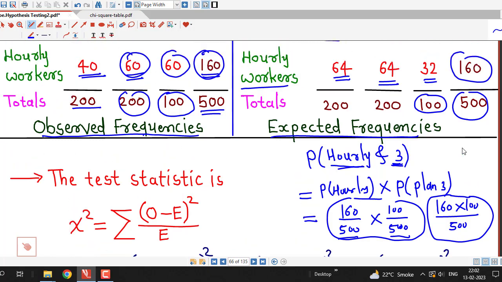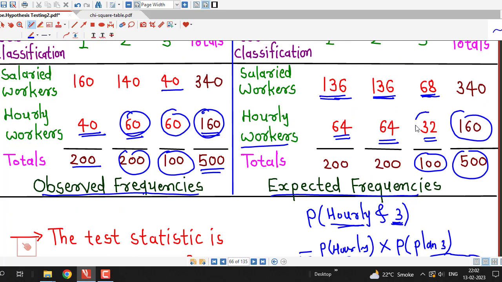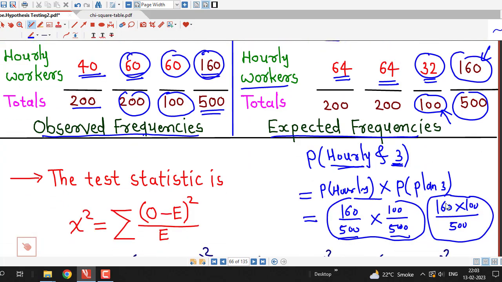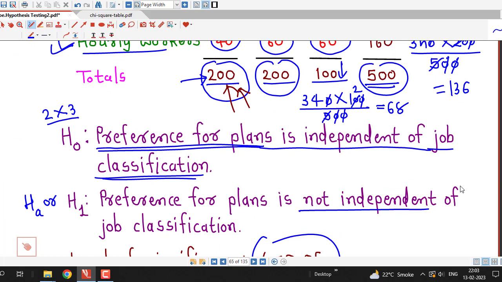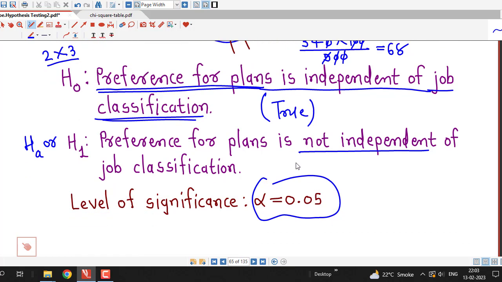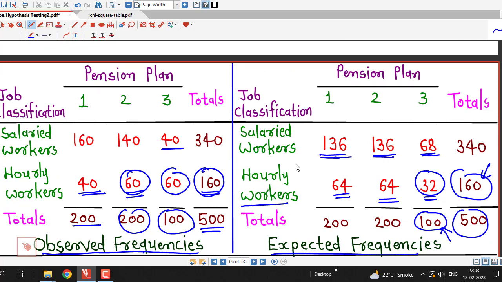You can see I have this 32, the row total is 160 and the column total is 100. So I have taken row total into column total divided by the total number of observations. We are using the null hypothesis assumption. We assume that the null hypothesis is true and we are testing this assumption, so we use it to calculate the corresponding expected frequencies.